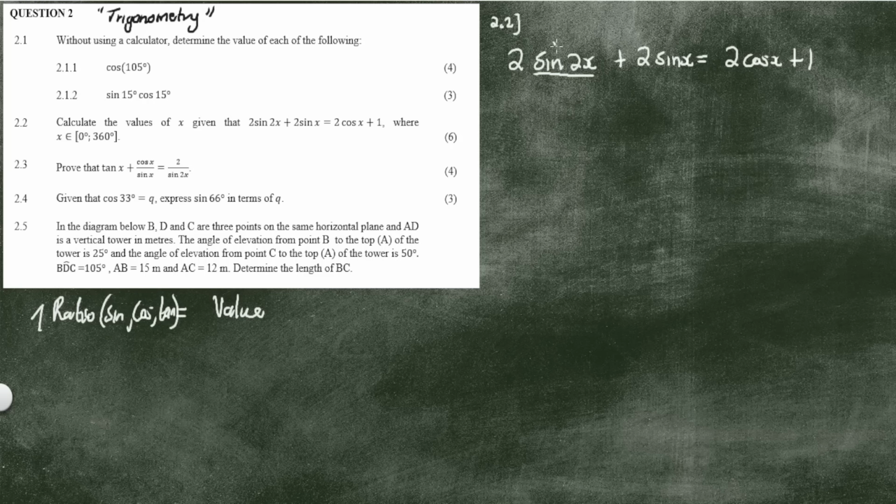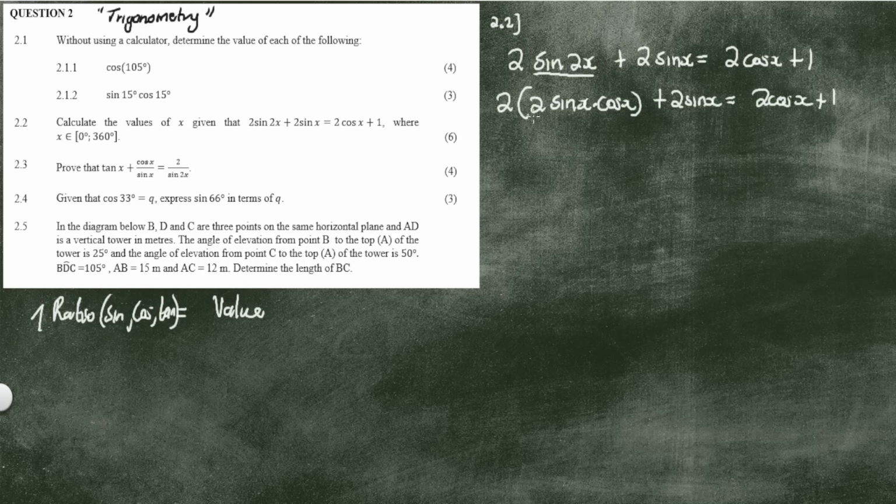But in this case I have 1, 2, 3 ratios. So I want to simplify to a point where I end up with one ratio on one side of the equation equal to some value on the other side of the equation. So the best bet is just to change this sine 2x to its identity, which is 2 sine x multiplied by cos x, plus 2 sine x equal to 2 cos x plus 1.